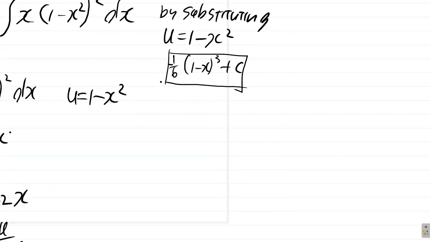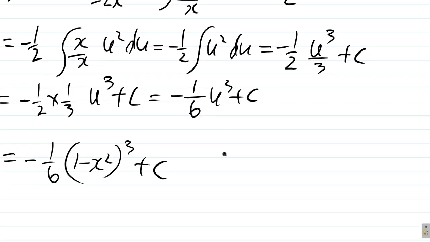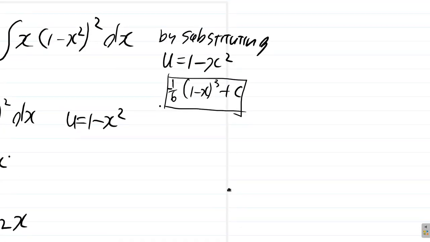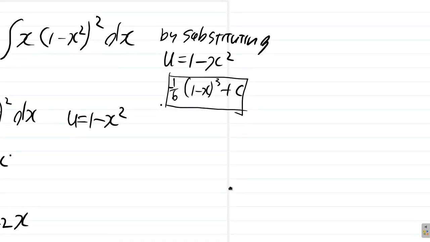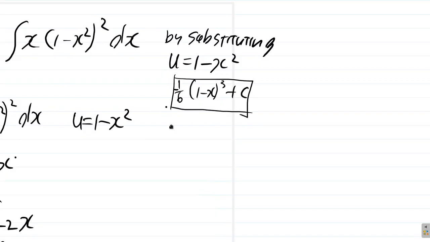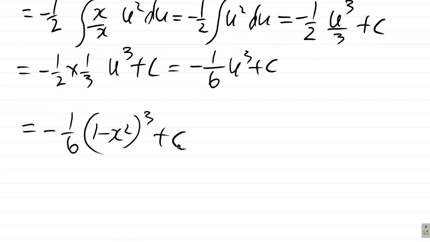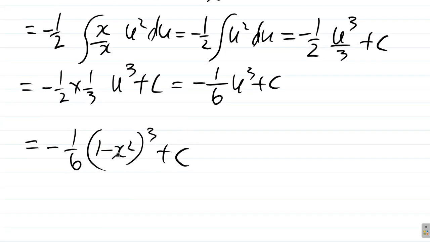I should have the negative there. Negative 1/6, (1 minus x squared), I left off the square. So negative 1/6, (1 minus x squared) cubed plus c.